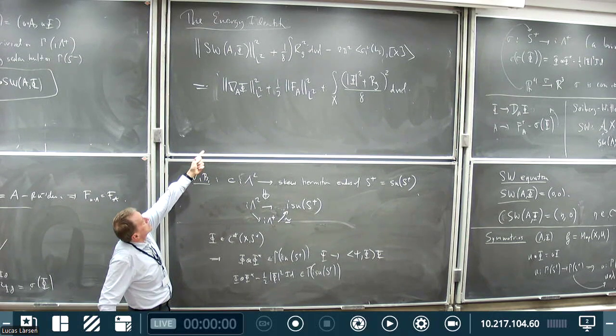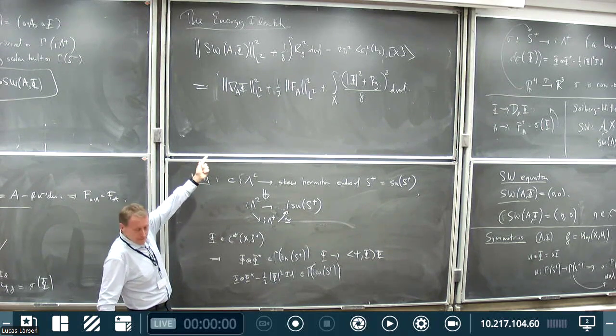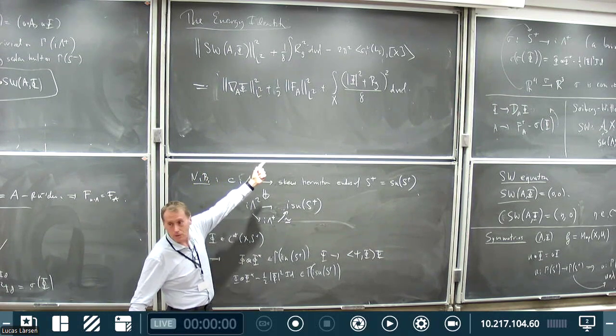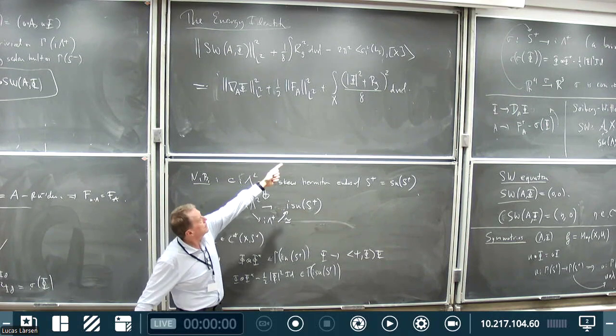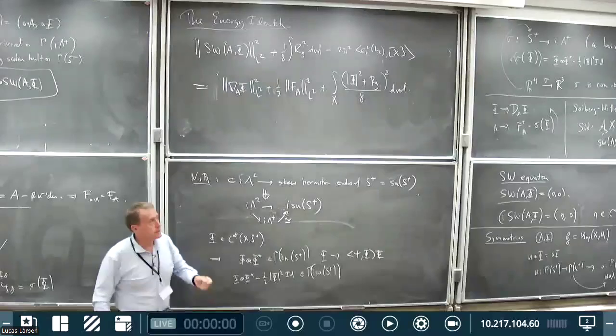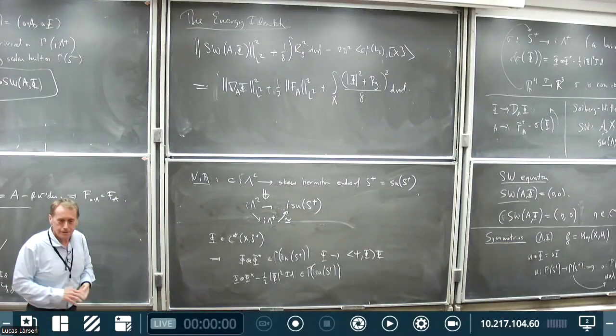Well, it's a gradient or something. That's like a kinetic energy. The second term is the derivative of the one form. That's also like a kinetic energy. And then there's some potential term. So that's the energy.